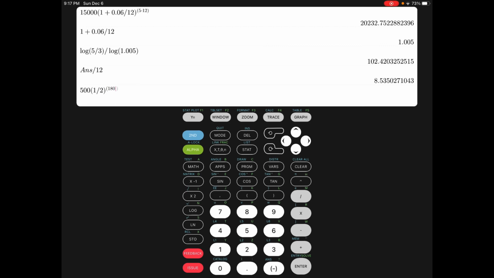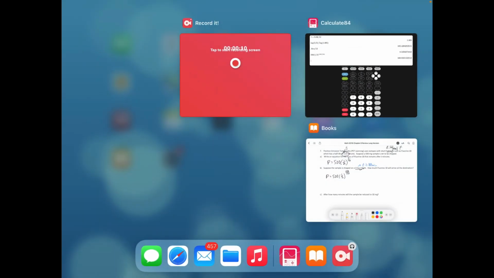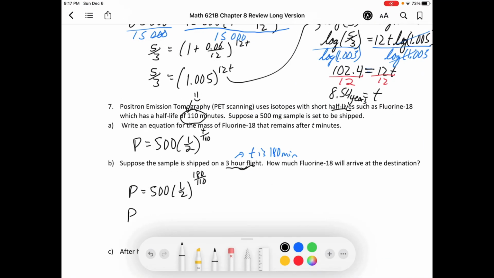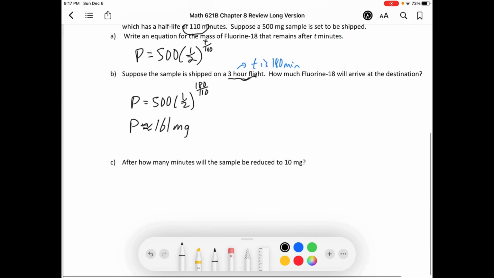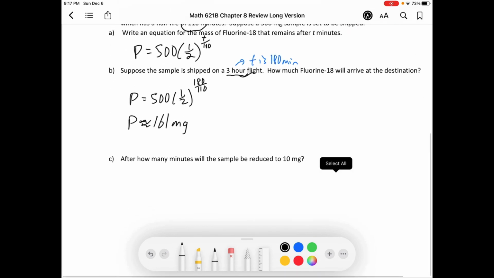Otherwise, it'll go to the power of 180, evaluate that, and then just divide your answer by 110. So I've got extra brackets happening up in my exponent, and I get 160.83, or about 161. Okay, roughly 161 milligrams. After how many minutes will the sample be reduced to 10 milligrams?